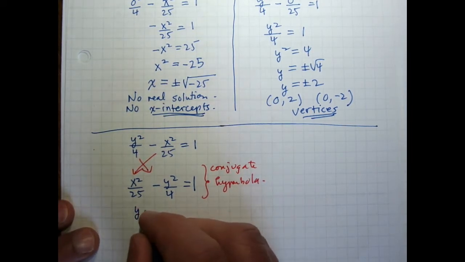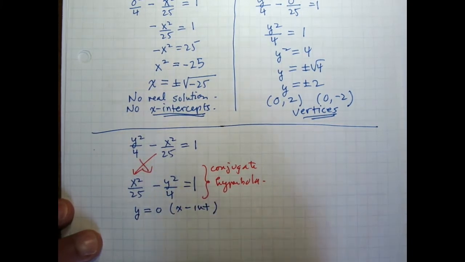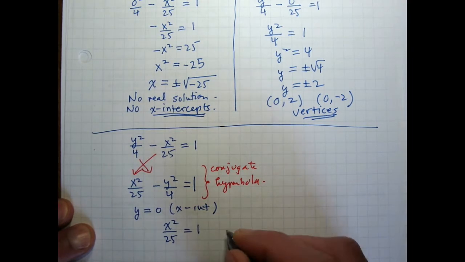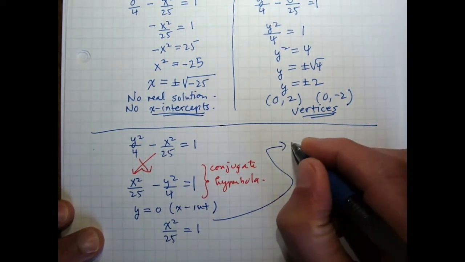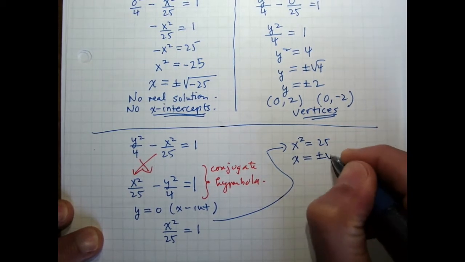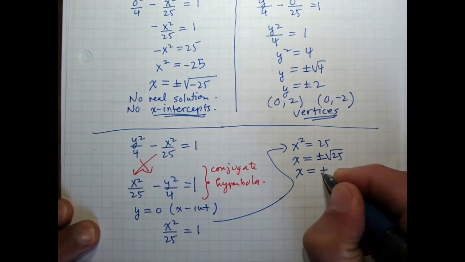But if I set y equal to 0 to look for x-intercepts, I'm going to get x squared over 25 equals 1. Here I get x squared equals 25. And so x is equal to plus or minus 5.